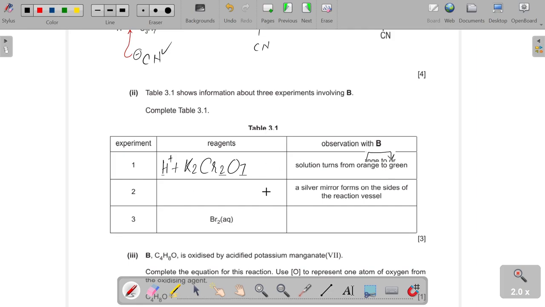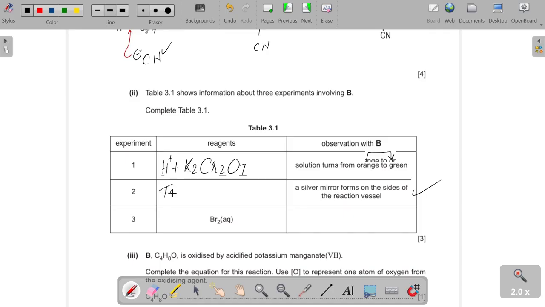A silver mirror forms on the sides. It is a test for distinguishing between aldehyde and ketone. So it is a Tollens test, Tollens reagent. What is the Tollens reagent? Ammoniacal silver nitrate.